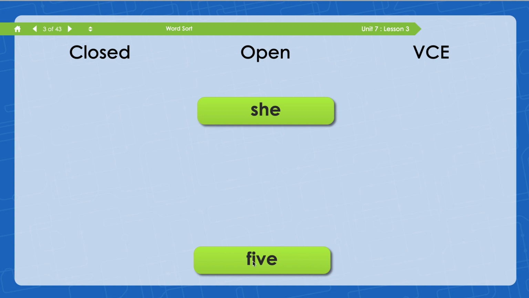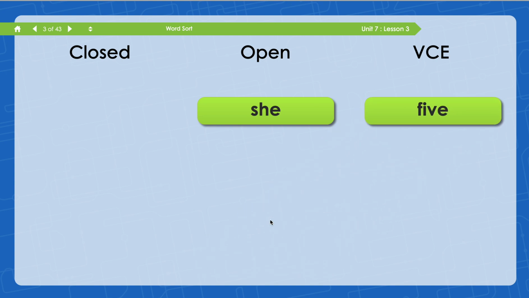I've got a vowel letter, I've got a consonant, and I've got a letter E. Now, when we have a VCE pattern, this should make a long I sound. Let's see, is that the case? Five. That is making the long I sound, right? That I is saying its name. It's not fiv. It's 5, the number 5. That follows the VCE pattern.